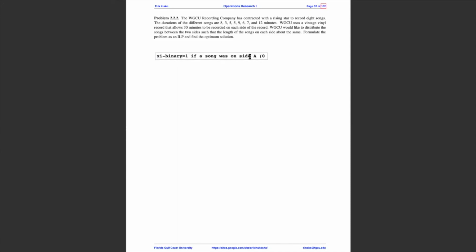And again, if it was not recorded, the value of each of those 8 xi's would be 0. And I'm doing the same thing for side B. Yi would be a binary equal to 1 if the song was recorded on side B, or 0 otherwise.